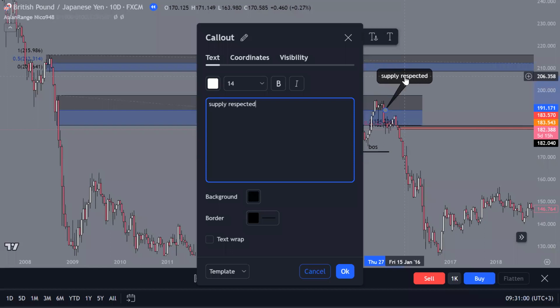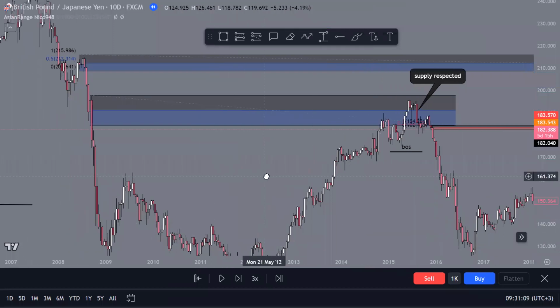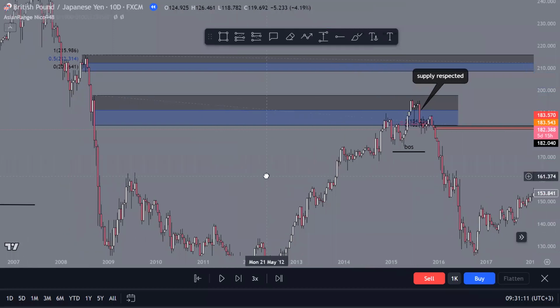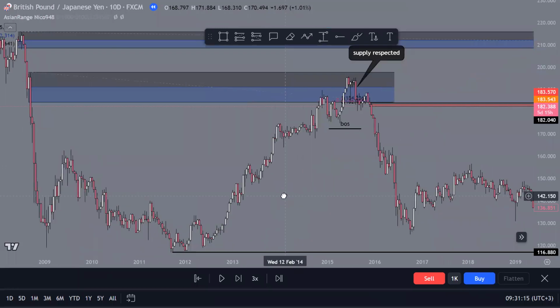Based on the high time frame analysis, we know who is in control, because the area of supply is holding. The one in control of this market is sellers. So let me just put this here.